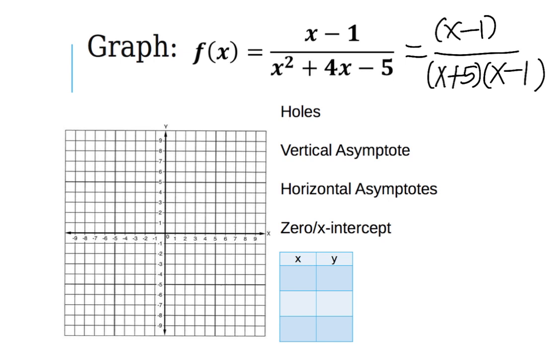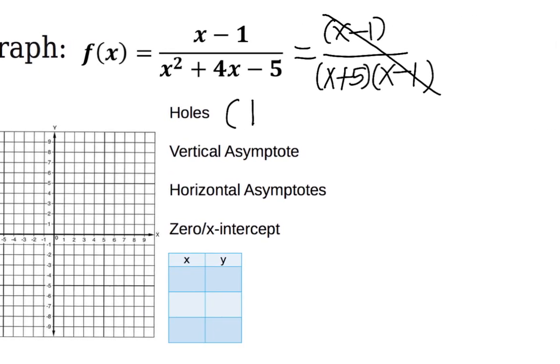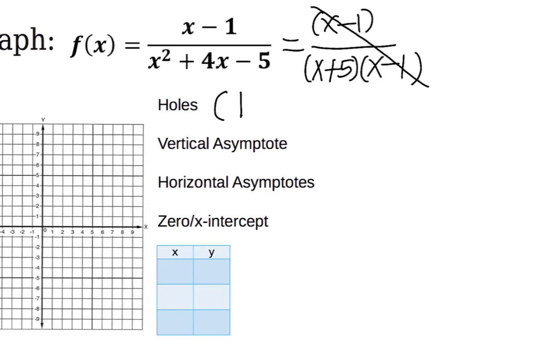So going down our checklist, the first thing we're going to look for is any holes. So we should recognize right away that our x minus 1s are going to cancel, which means we're going to have a hole at x equals 1. Now we need to figure out what our y coordinate is going to be. So in order to do that, I'm going to rewrite our simplified rational.